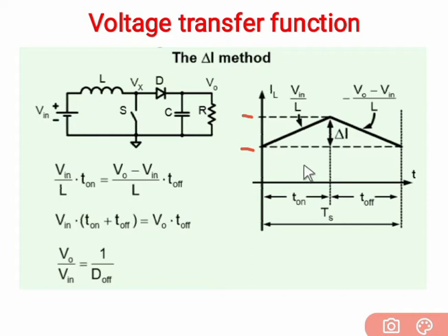So during turn on time, inductor current IL is given by V in by L, and during the off time, the inductor current magnitude becomes negative because it's decreasing. So this value is negative, VO minus V in divided by L.